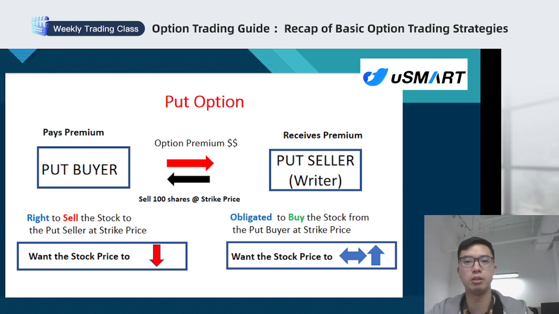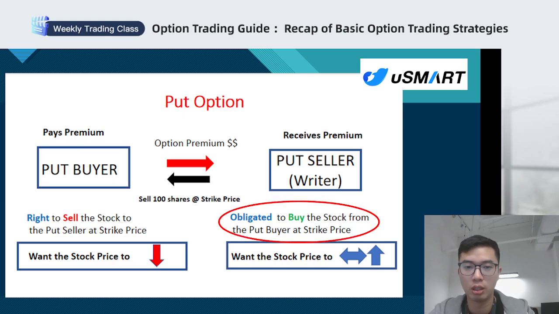Next, I will talk about becoming the seller side of put options. Put buyers are those who want to profit from the stock price falling. If you want to receive a premium, you want the price to go sideways or go up, and you can consider becoming the put seller, which is the writer, to earn the premium from the put buyer.